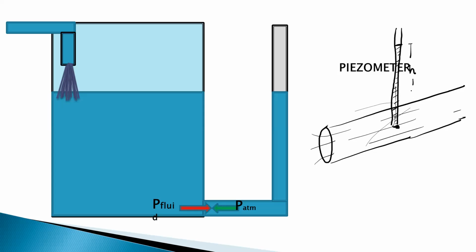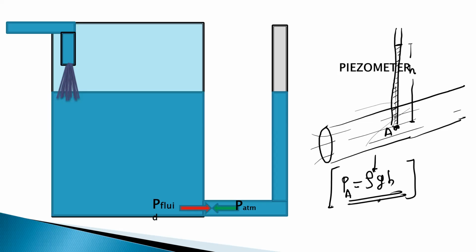This height is h. At this point, let us take point A, we can give the pressure P_A equal to rho g h. So just by connecting one single glass tube, we can find the pressure in the pipeline at a particular point, and it is given by this hydrostatic equation, P is equal to rho g h.